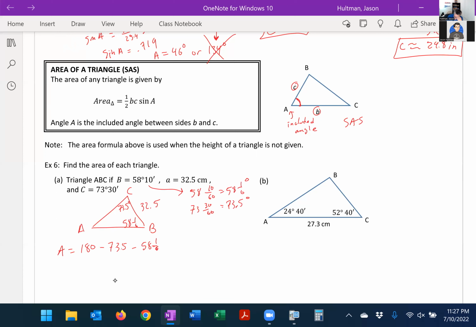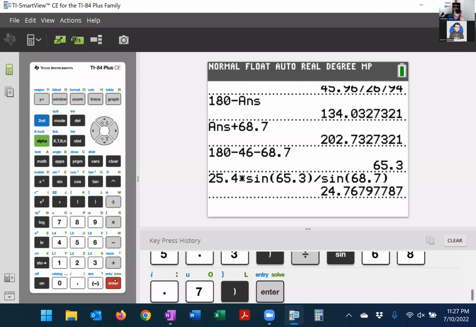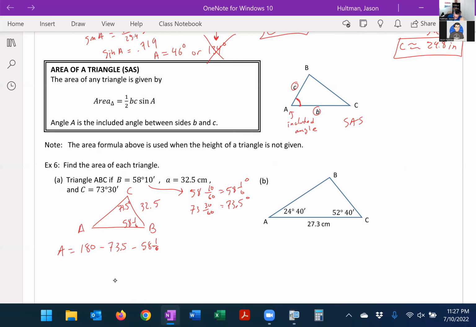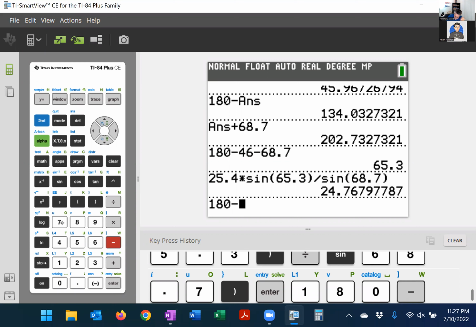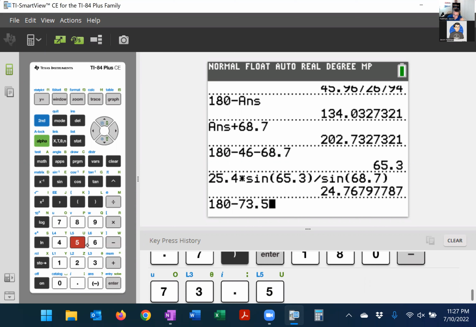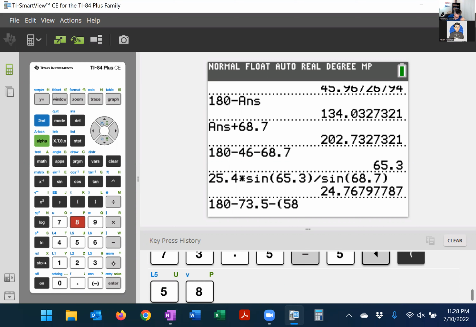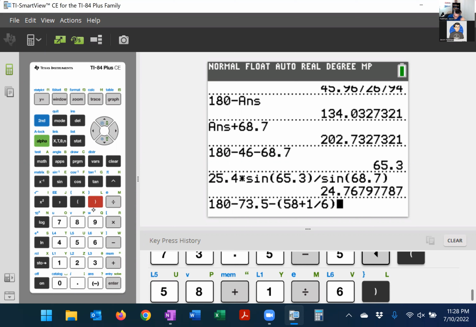73.5, that's a half. So I guess we go to the calculator on that one. So 180 minus 73.5 minus 58 and 1/6. I'm going to put this in parentheses, because I don't like the fraction. 58 plus 1/6, that's 58 and 1/6.